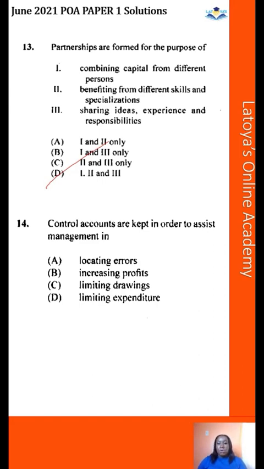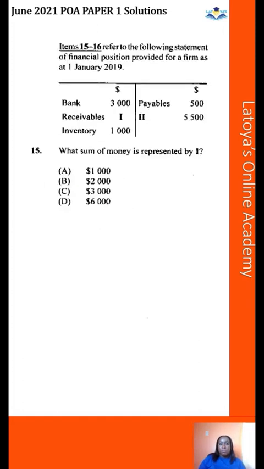Now, a control account is used to check the arithmetical accuracy of the sales and purchases ledger accounts. It also helps to prevent fraud. So these are some other reasons why a company or a business may use a control account. Question 15.